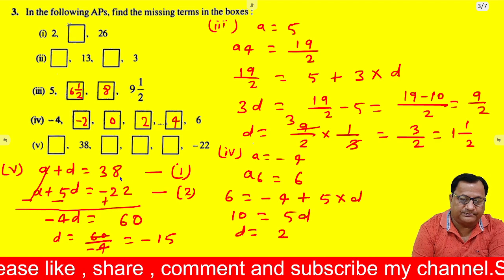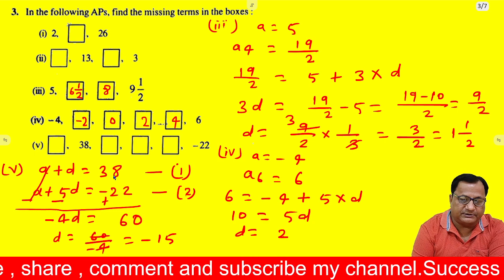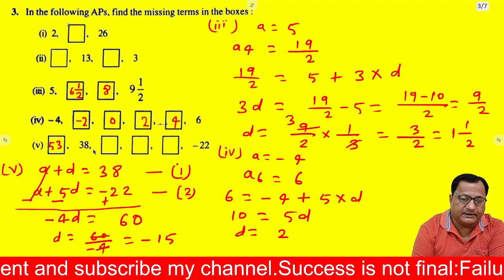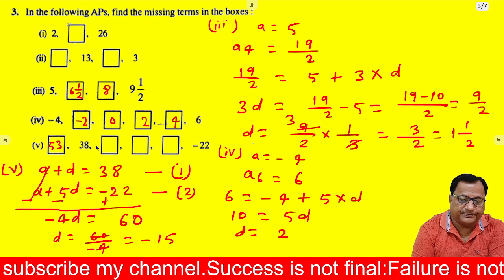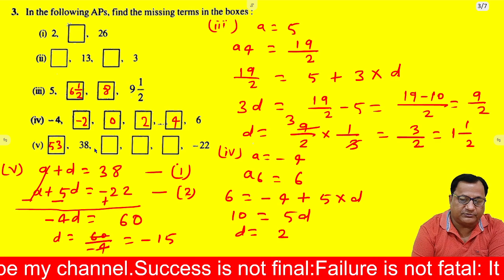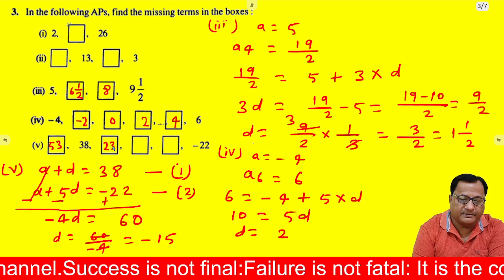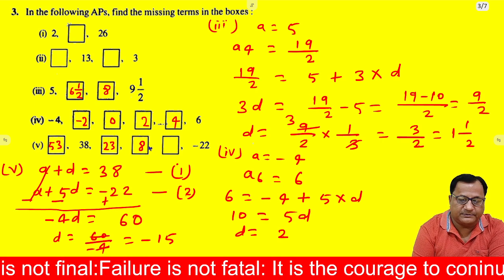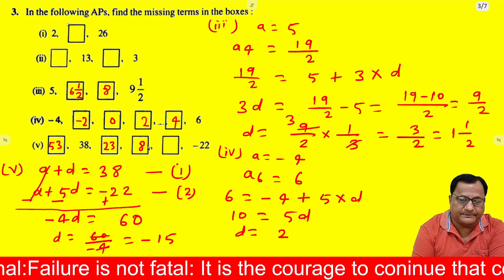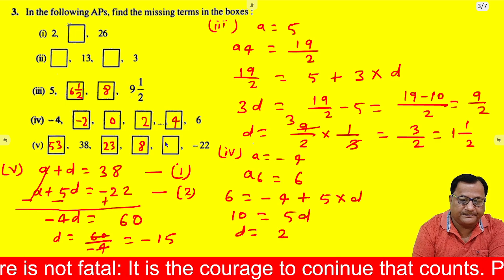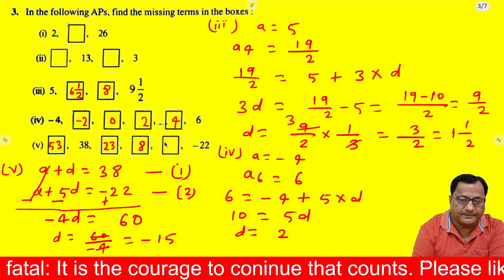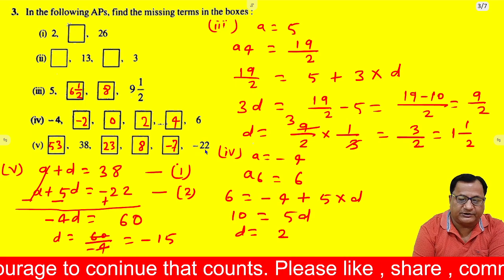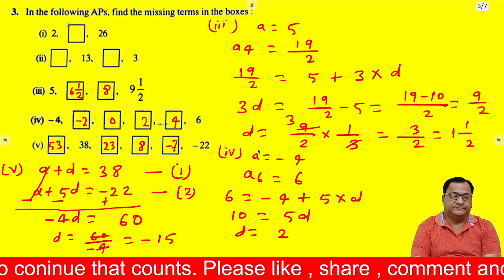So add 15 to 38, which gives 53. So here will be 53, and 38 minus 15 is 23. Then 8, then minus 7, and minus 22.